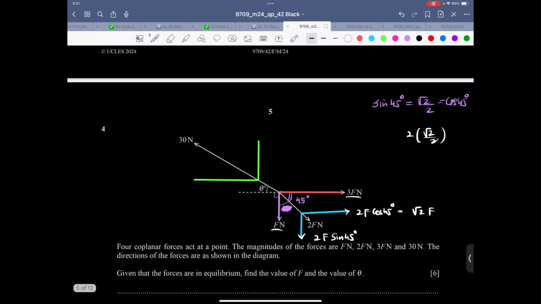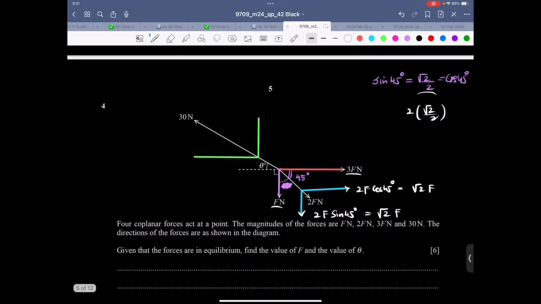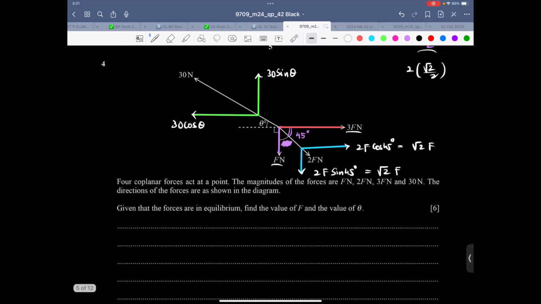Sine of 45 is also the same thing. So therefore, this is also root 2 F. Similarly, over here, we have this angle theta. So this is 30 cosine theta, and this one is 30 sine theta. And this force needs no resolution because it is horizontal. This force needs no resolution because it is vertical.